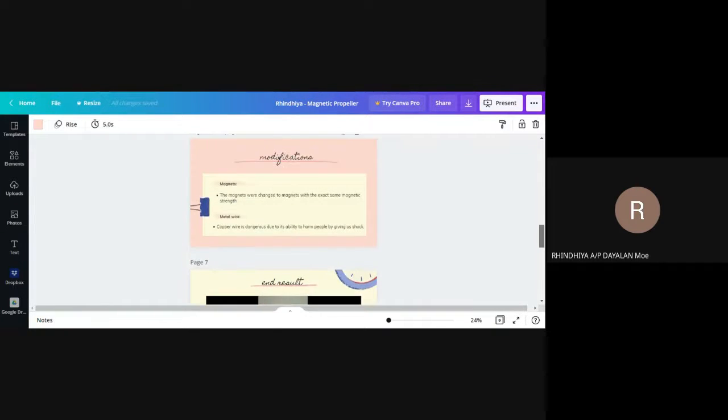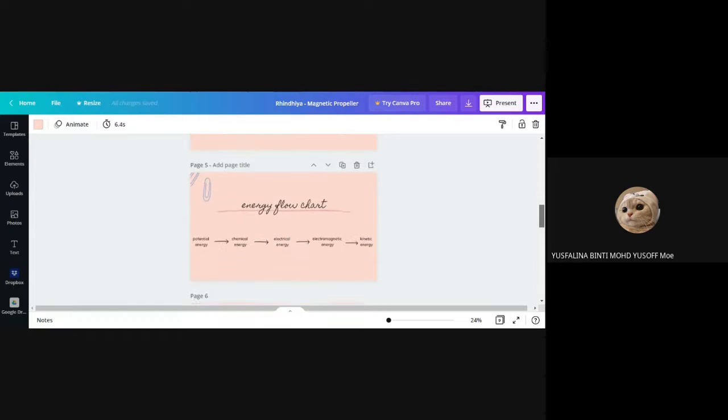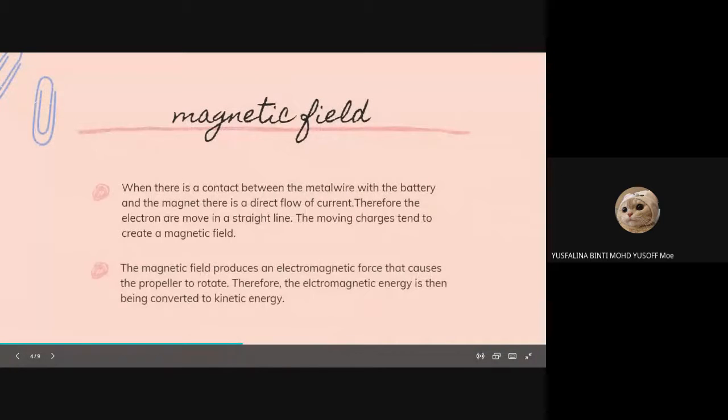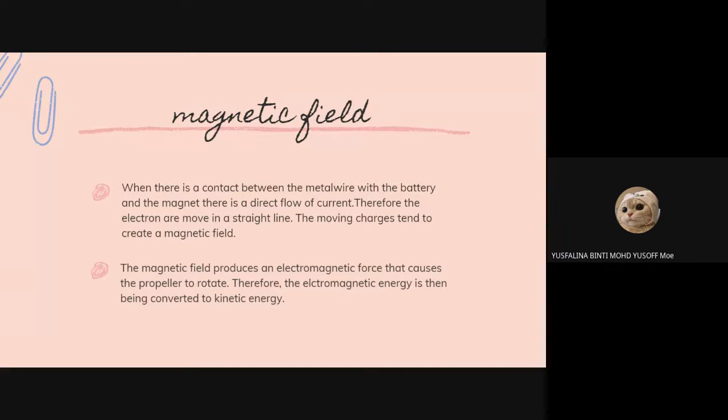Is it this one? Yeah, that one. It's very interesting, but how does it work? Is it okay if you use a diagram? Maybe you can draw something to show how it works.